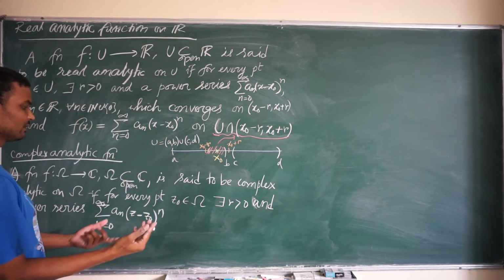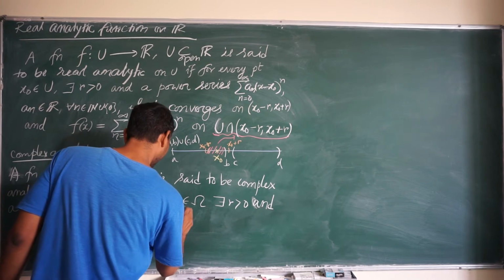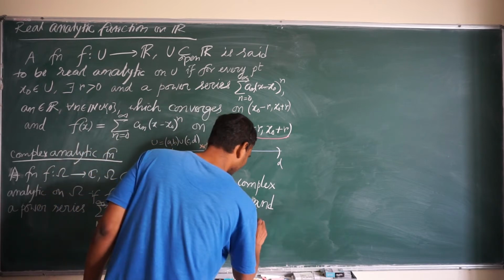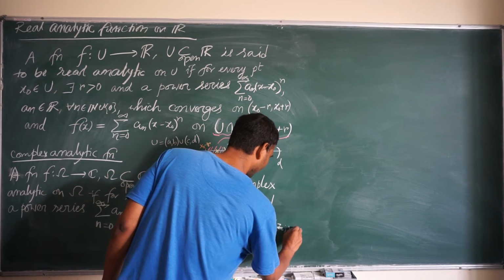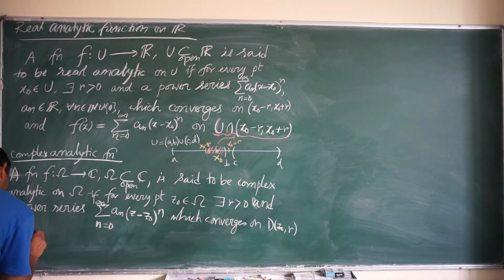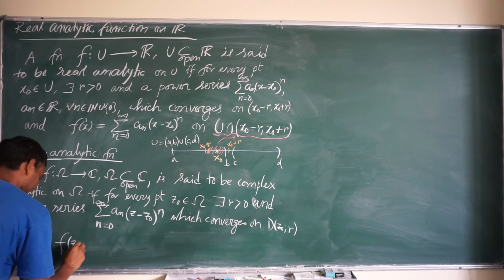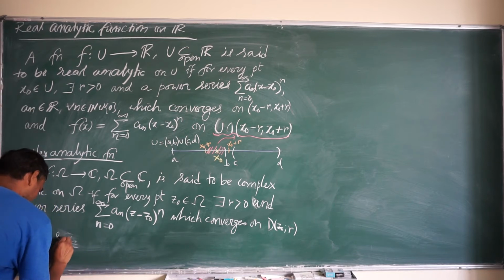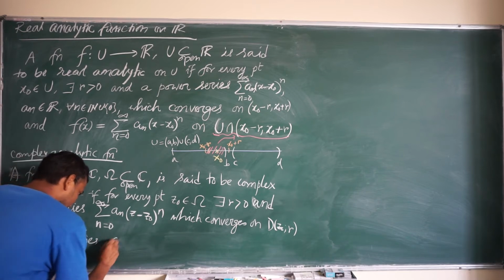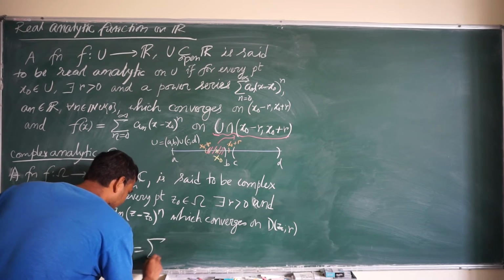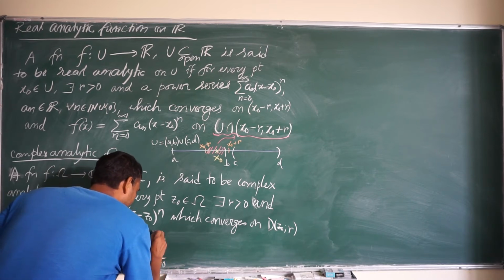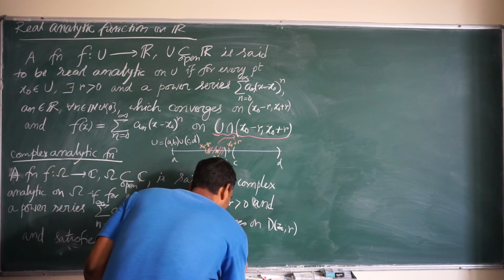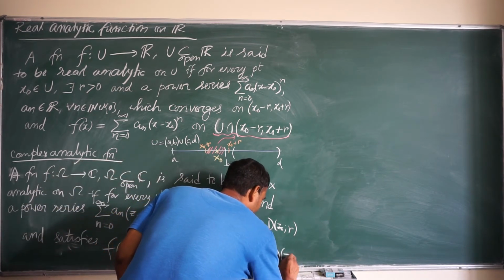Well, now a_n can be complex numbers, which converges on D(z0, R) and f(z) satisfies f(z) equal to summation n from 0 to infinity a_n (z minus z0)^n on omega intersection D(z0, R).